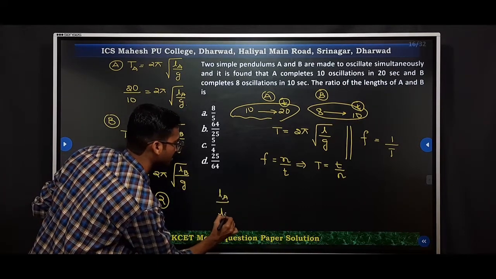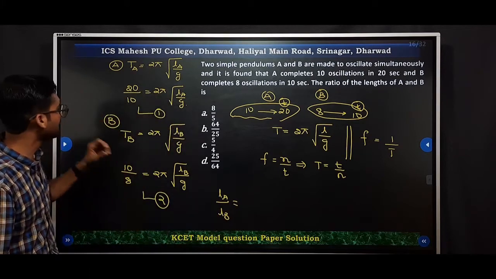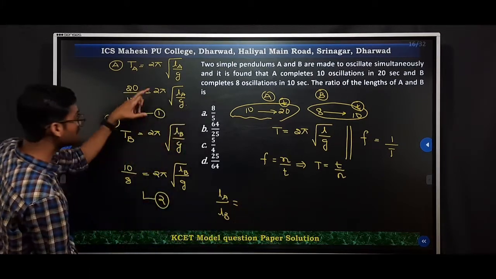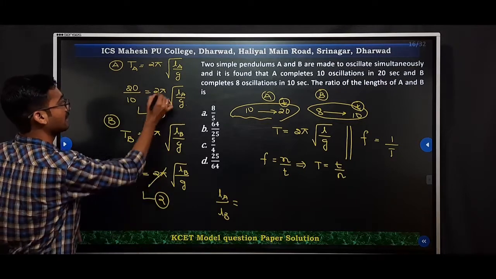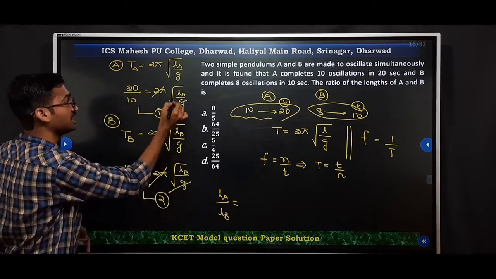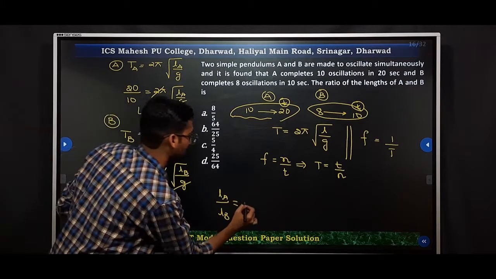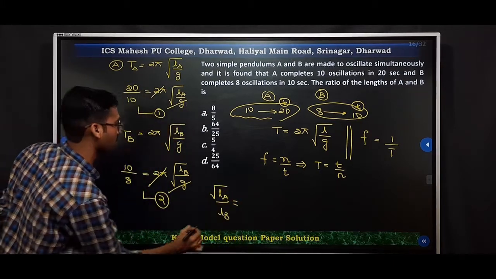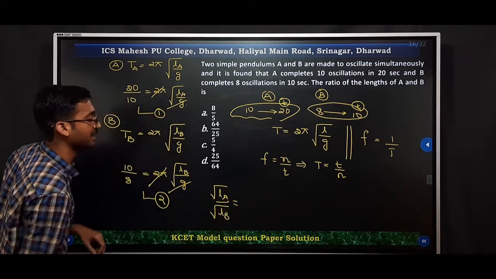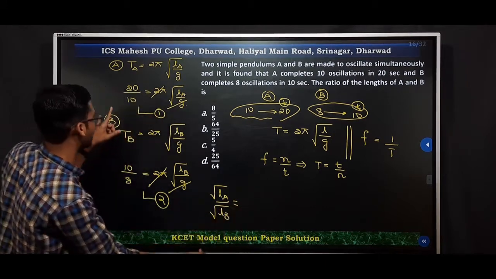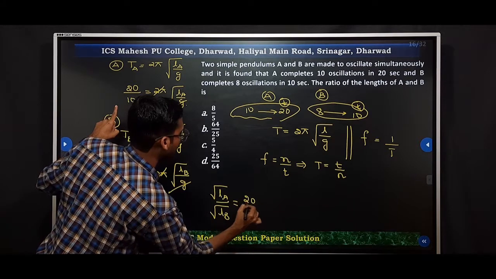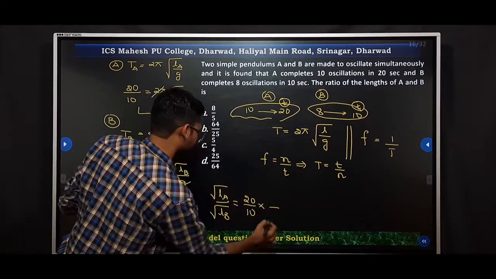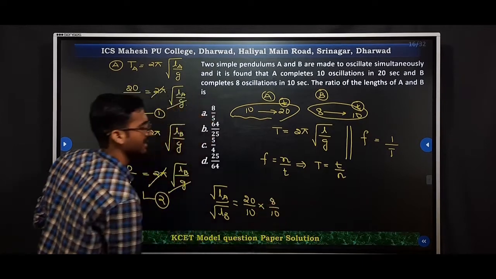If I take the ratio, the 2 pi gets cancelled, and root g gets cancelled. We are left with only the square root of LA divided by the square root of LB, which is equal to 20 divided by 10 into 10 by 8.